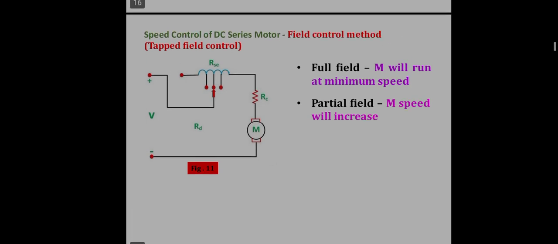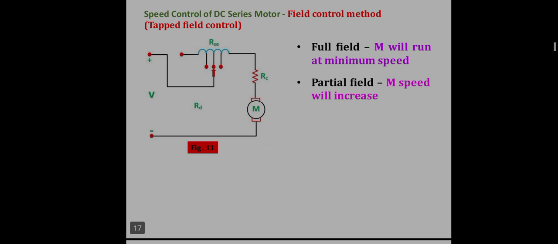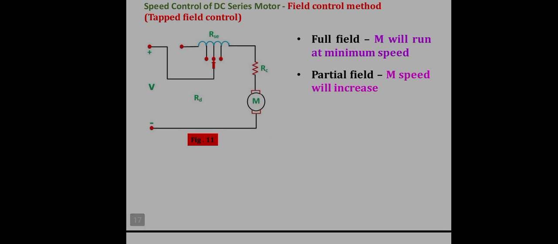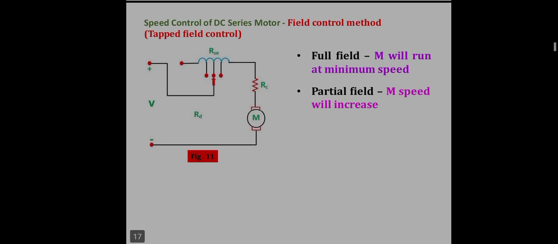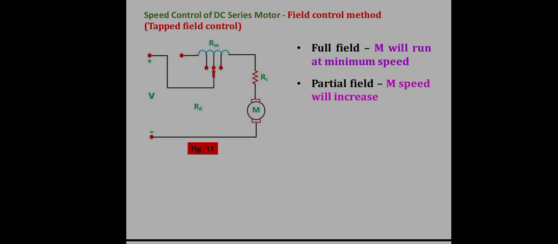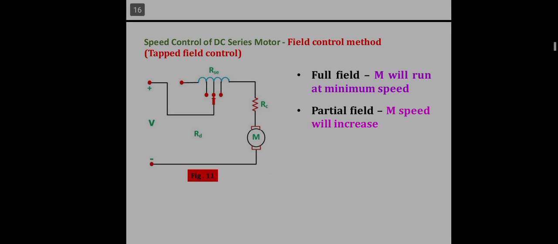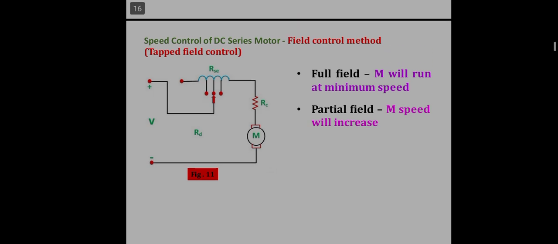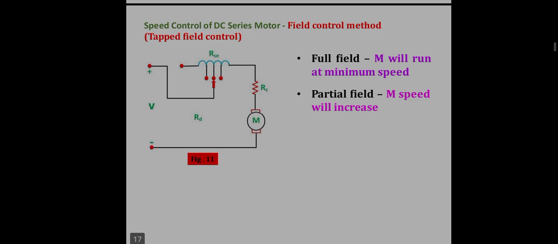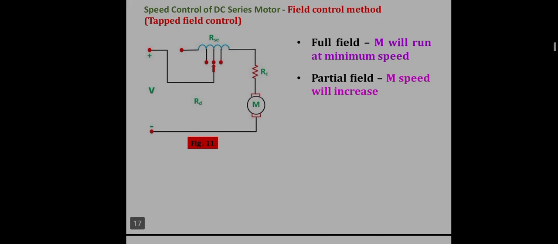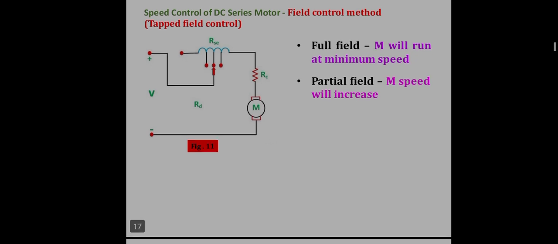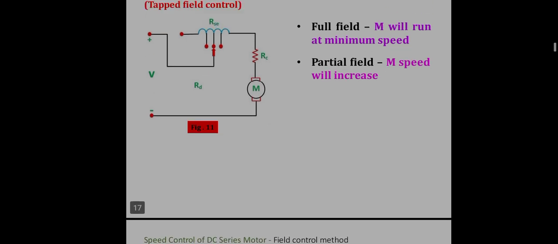So different flux can be created by connecting different tappings of the field, maybe the full field flux or a partial field flux, 25%, 30%, based on the tappings taken from the field winding.